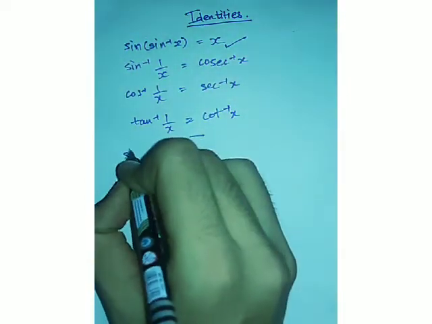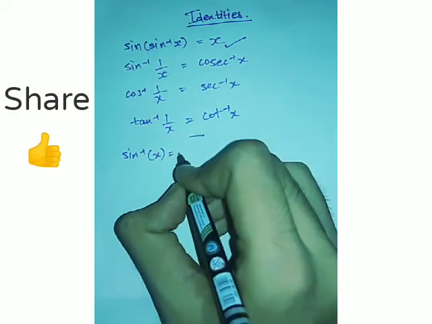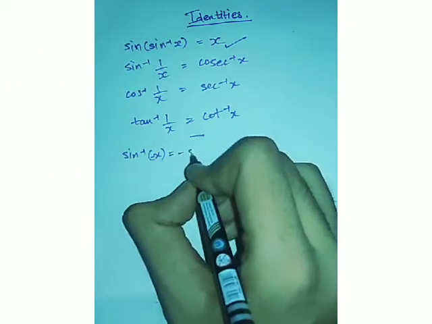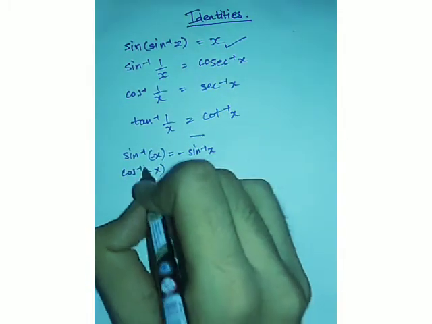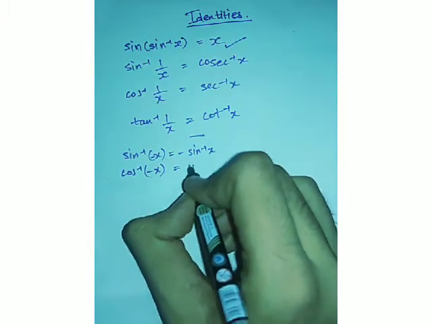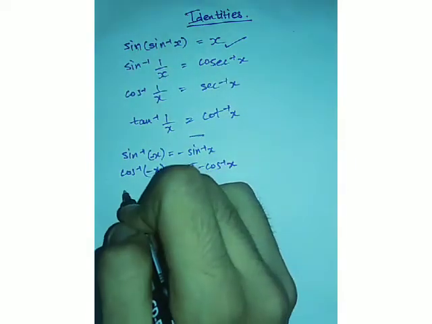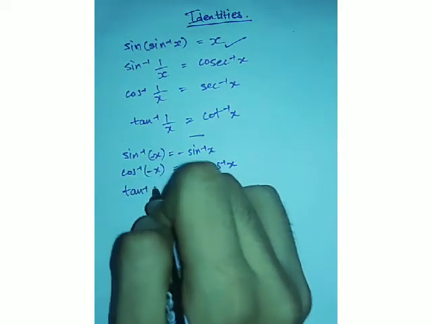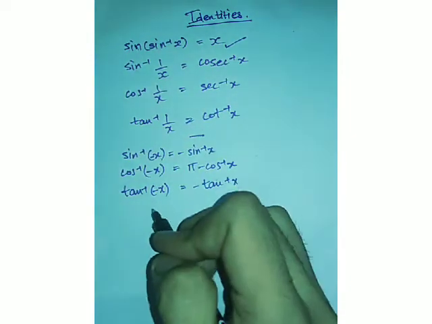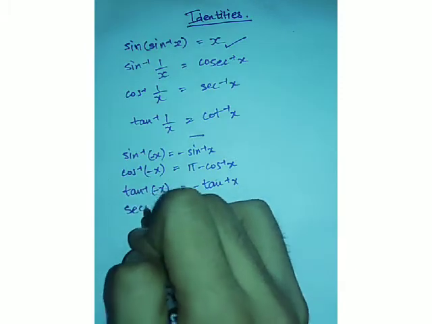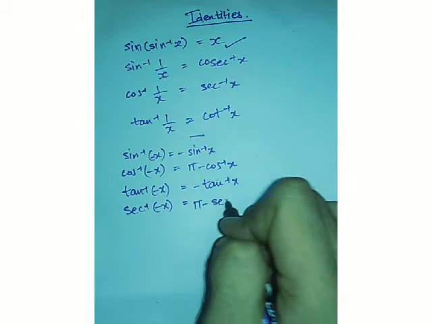After that, we have other identities the same as in simple trigonometric functions, like sine inverse minus x is equal to minus of sine inverse x. Cos inverse minus x is equal to pi minus cos inverse x. It's a bit changed, so just keep this in mind. Then tan inverse minus x is equal to minus tan inverse x. Then secant inverse minus x is equal to pi minus secant inverse x.